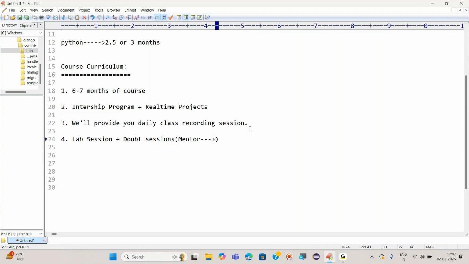Once more, this is a 6 to 7 month course, with an internship program as well as real time projects, daily recording sessions, and lab sessions for your practice and doubts.